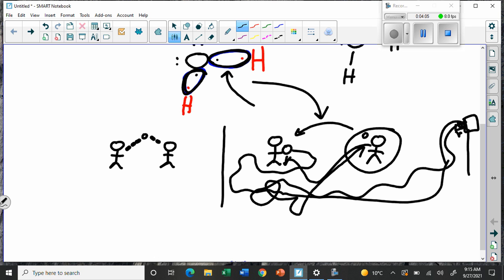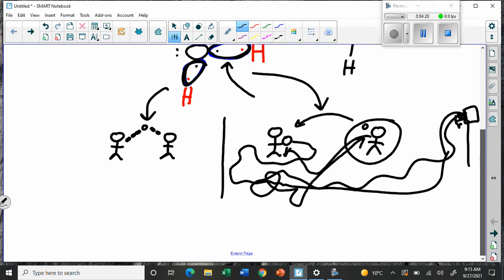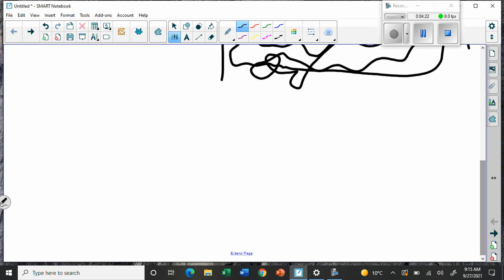They can share evenly like this in certain situations, but most of the time, there's going to be one who's hogging the ball more than others, or the electron. And so we have to describe this tendency to hog electrons. It's got a big fancy name.